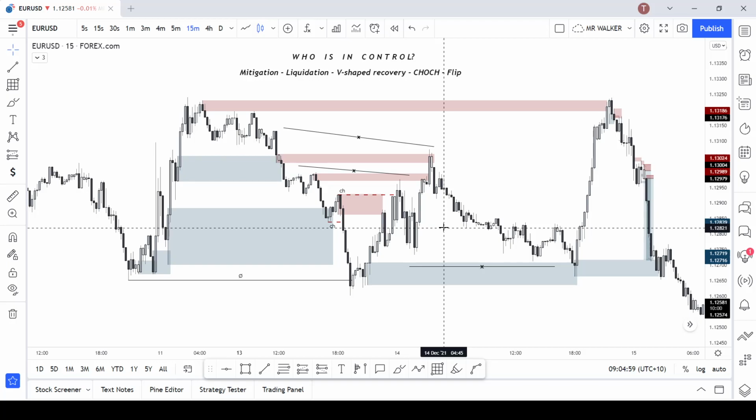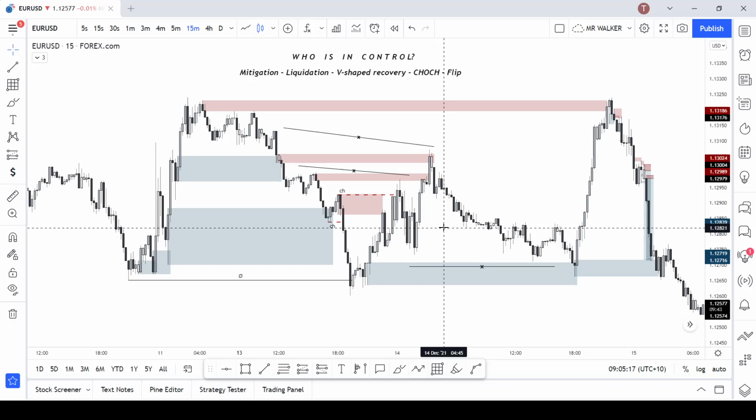Did it take the liquidity out? If yes, then that's perfect. If not, then you can anticipate the reaction. You can still trade it, but it's just less likely to hold because we need liquidity to fuel the move.